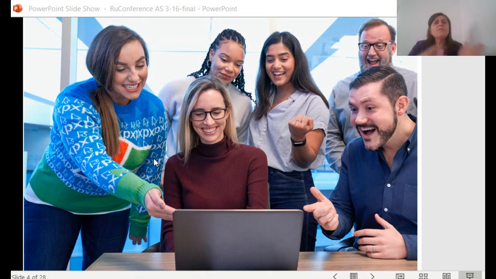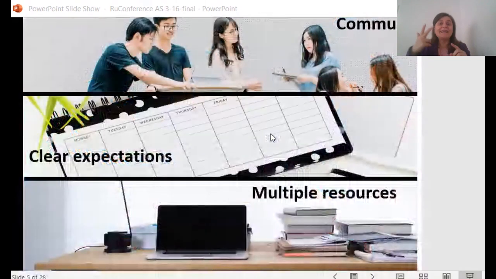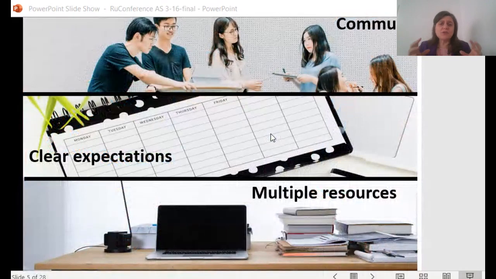And then when I move online, what do I do differently or what do I emphasize? From my experience in the last year since we have been online, I think the three keys for success to teach online large enrollment courses for engineering are to provide and encourage clear communication for students, to provide clear expectations, and to provide multiple resources.